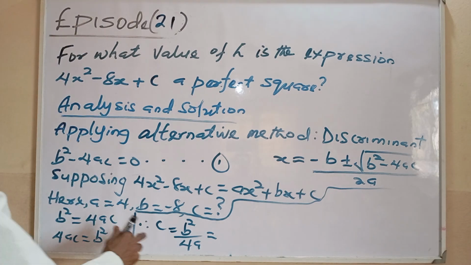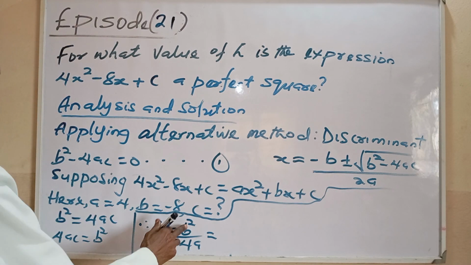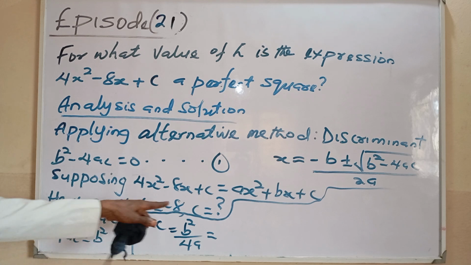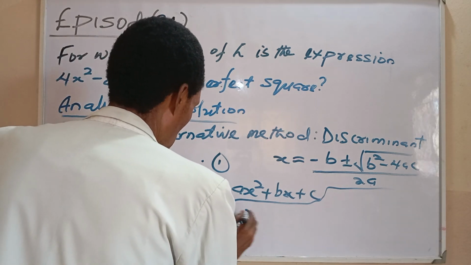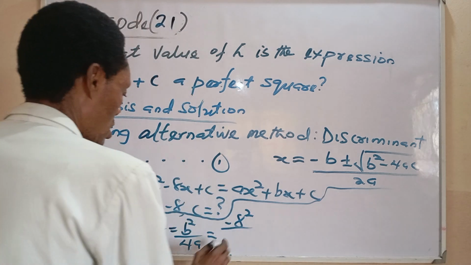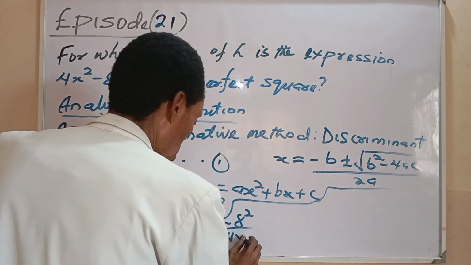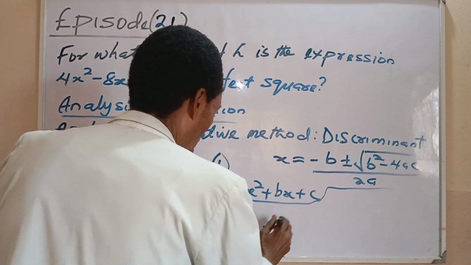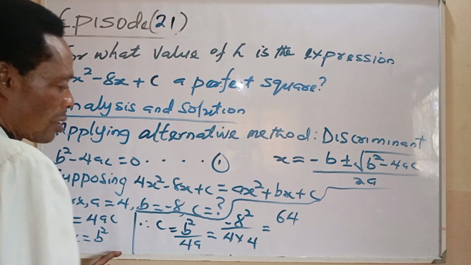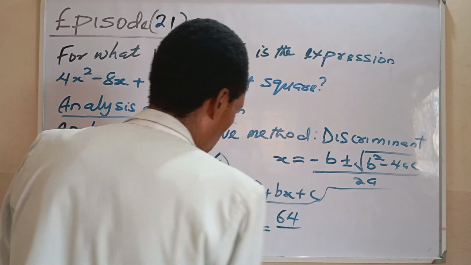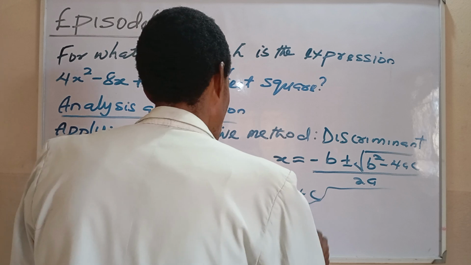So c equals b squared all over 4a. What is our b now? My b is minus 8, so we have minus 8 squared all over 4 times my a, which is 4 also. So automatically we have 64, because minus 8 times minus 8 gives you 64, all over 16.